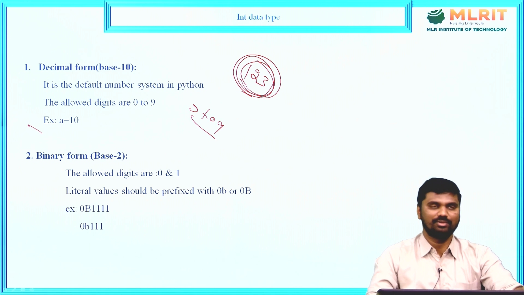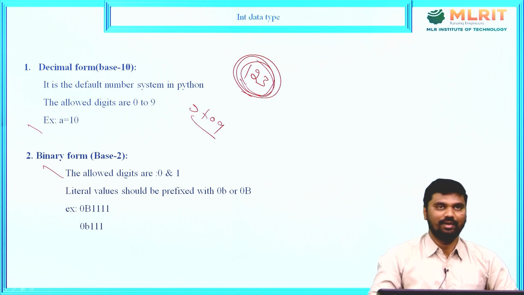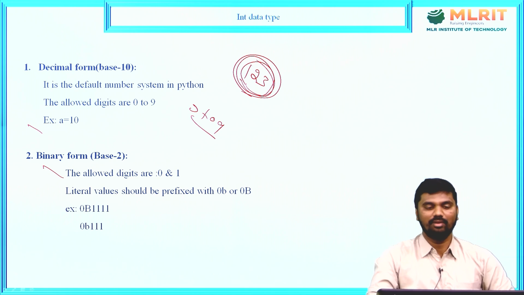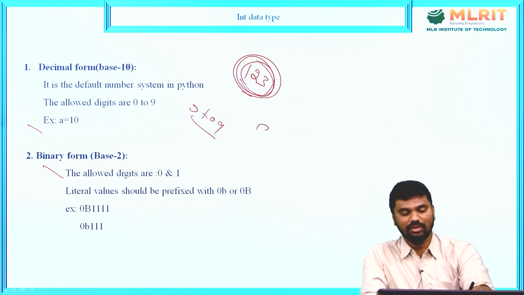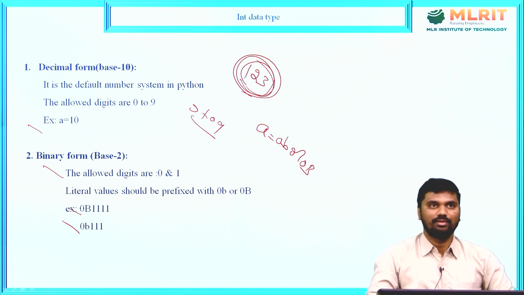The next form is binary form. In binary form the base value is 2 and the allowed digits are 0 and 1. If you want to assign int values in binary form to a variable, you must use the prefix either 0B or 0b.